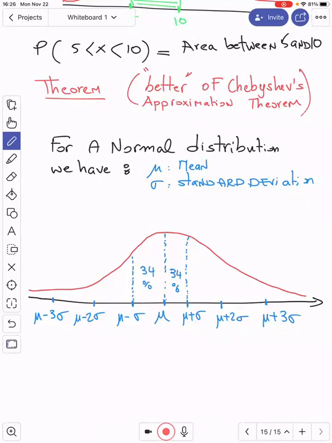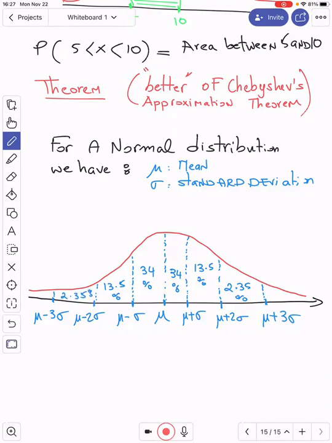Then between mu plus sigma and mu plus 2 sigma, I think it's 13.5%, and here it's also 13.5%. And then here we have about 2.35%, and this is also 2.35%, etc.